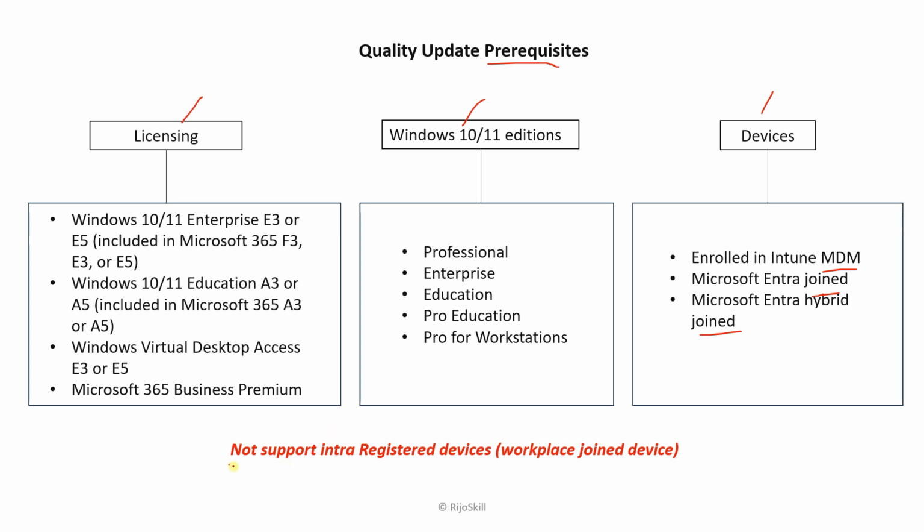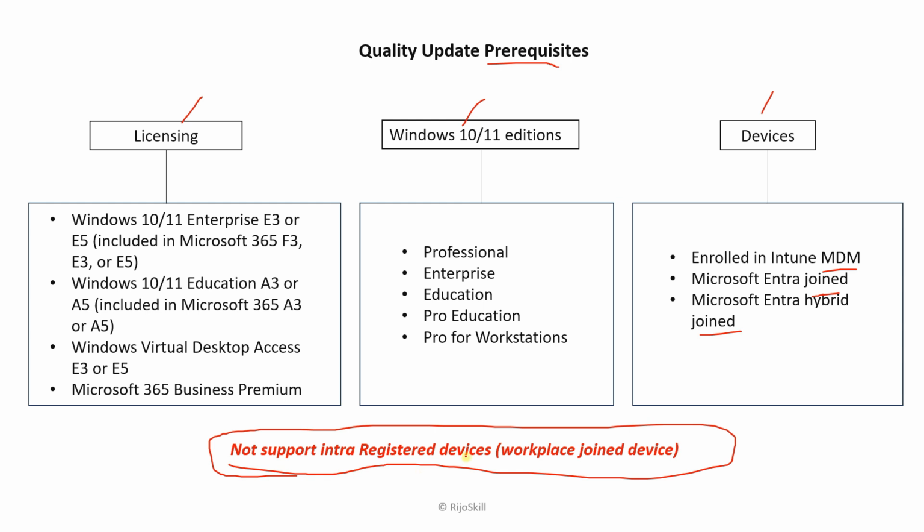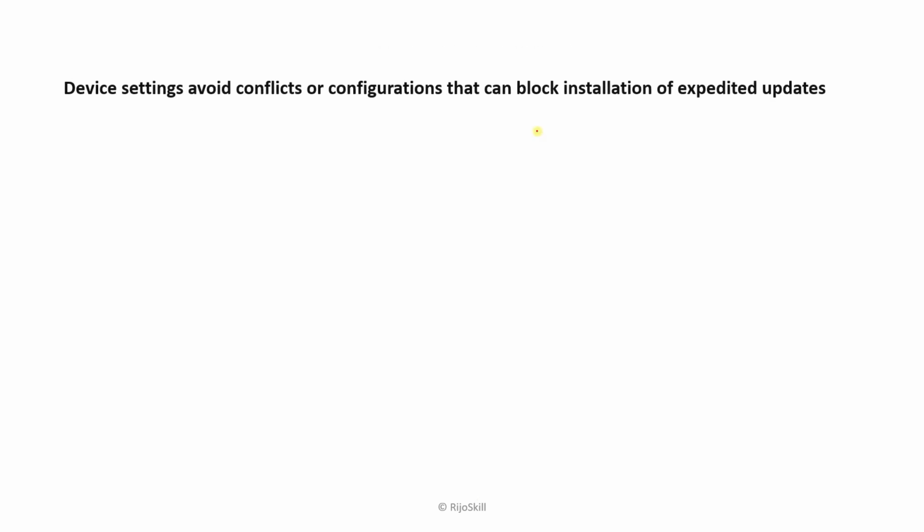But you can see here that Entra registered devices or workplace joined devices do not support the quality update. Next, device settings or configuration can block installation of the Expedite update. Once you configure the quality update, in some cases the Expedite update will be blocked, so you need to take note of this type of setting.